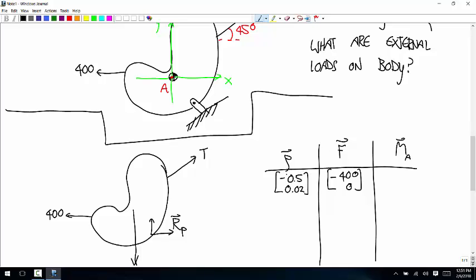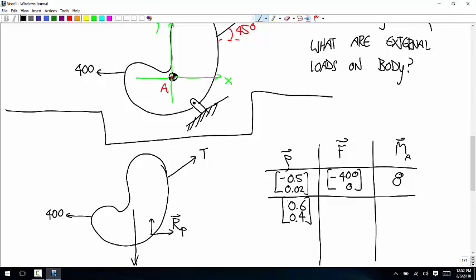And the cross product is positive 8. Cable attaches to the body at 0.6, 0.4. So if the about point is the origin, this is 0.6, 0.4.